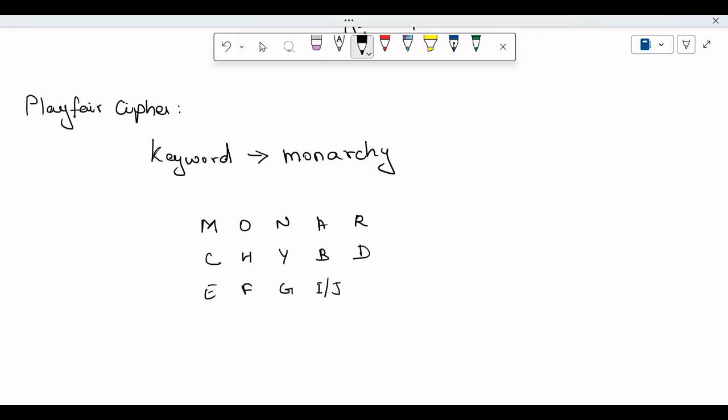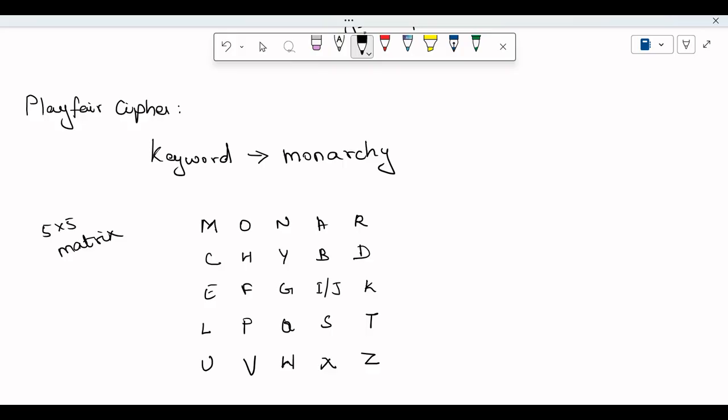So I and J are placed in the same slot, and next comes K, L, M, N, O, P, Q, R, S, T, U, V, W, X, Y, Z. This is how the 5 by 5 matrix is constructed.